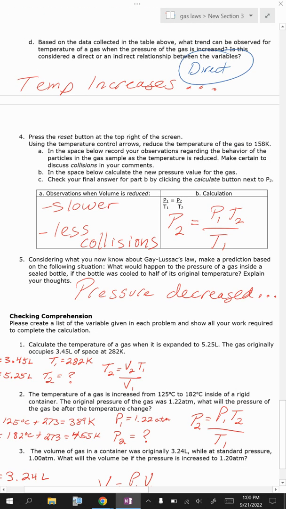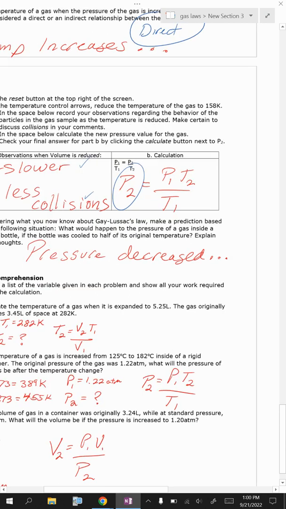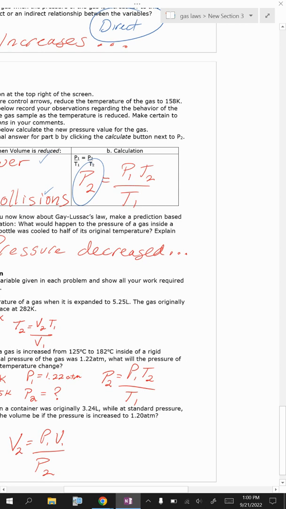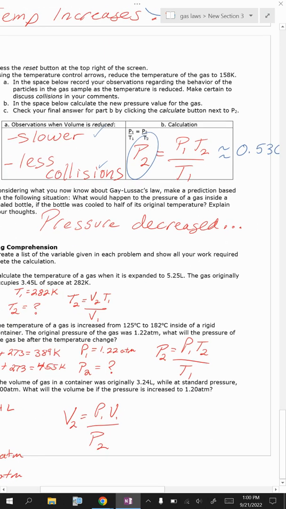Okay, moving very quickly to question number 4. One of the observations is that it got slower, you had less collisions. What you're going to have to do for this one is, if you're looking for P2, use your table with all the equations. Substitute and solve. You should get about 0.530 for that one.